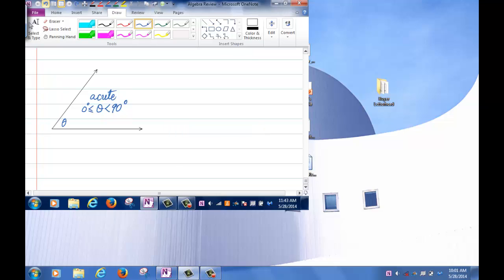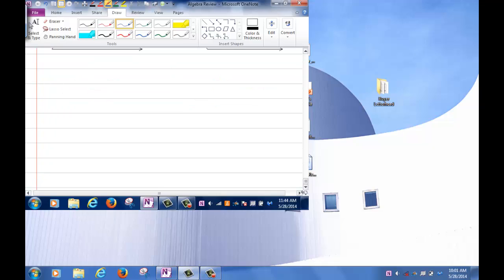Sorry, let me make it a little bit to the right side. So this is an obtuse angle. It means that the measure of the angle is greater than 90 degrees, but smaller than 180 degrees. This is strict inequality. So this is an acute angle versus an obtuse angle.